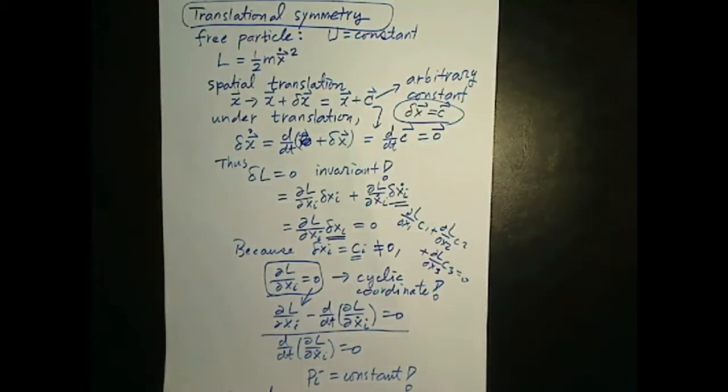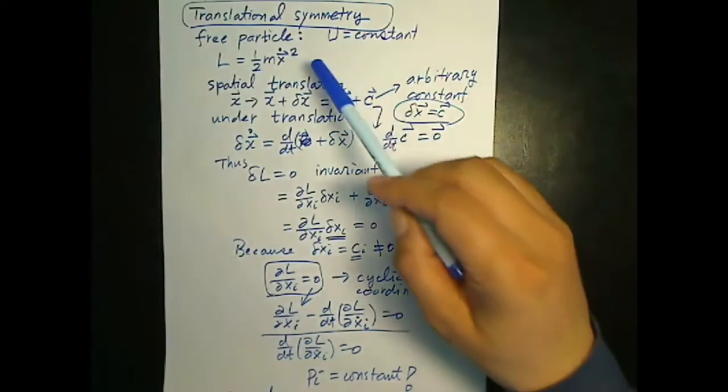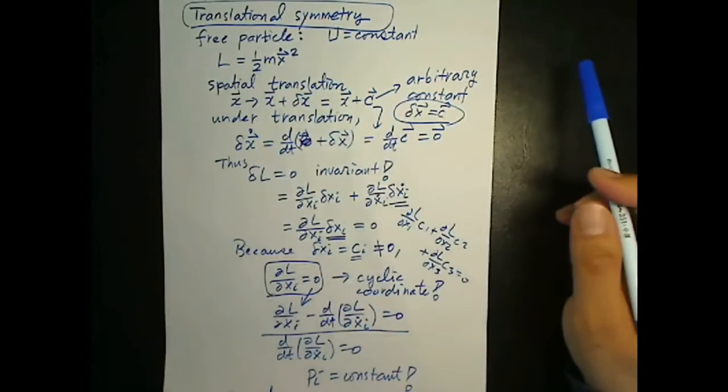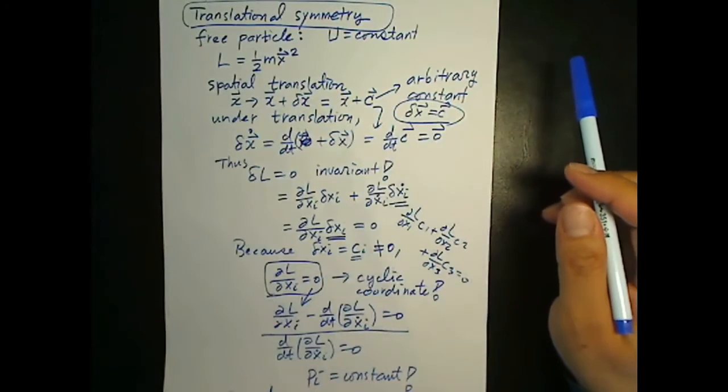Okay, first of all, we consider the translational symmetry of the Lagrangian for a free particle and derive the linear momentum conservation by making use of the Noether theorem. This is the Lagrangian for a free particle. A free particle does not experience any force.